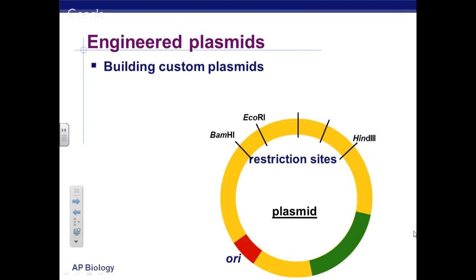Usually there's multiple restriction sites, because if you're going to buy a plasmid and you want to insert a particular gene, you want to buy a plasmid that is most useful. So you can choose whichever restriction site will work the best for you. Anyway, that's what these little black markers are, different restriction sites. So if you cut your gene from whatever organism you want to put in there with EcoRI, then you would cut this plasmid with EcoRI. And then when you mix them together, they have the same sticky end, and it would just be stuck in there.